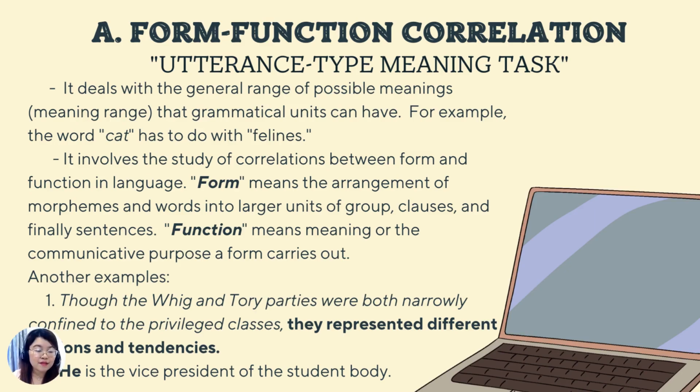By analyzing the form, we can say that the highlighted pronoun, which is he, is the subject, and the vice president is the subjective complement, and the student body is the object of the preposition. So that makes up the form. Those things actually speak about the form, right? The grammatical unit, and also the morphemes or the words into larger groups that make it a sentence. So that is actually the form.